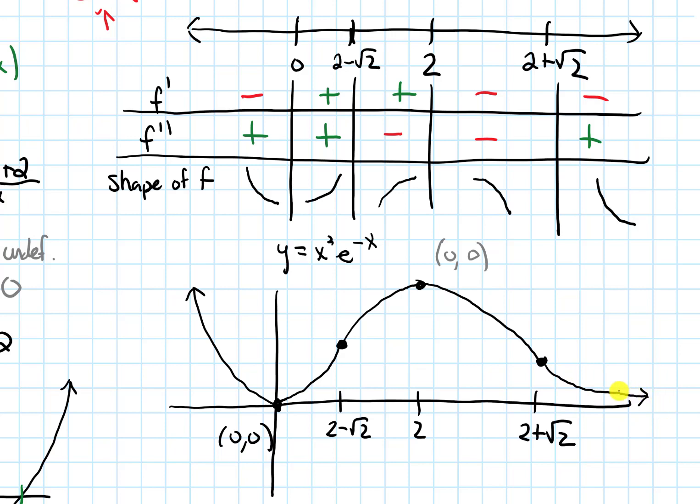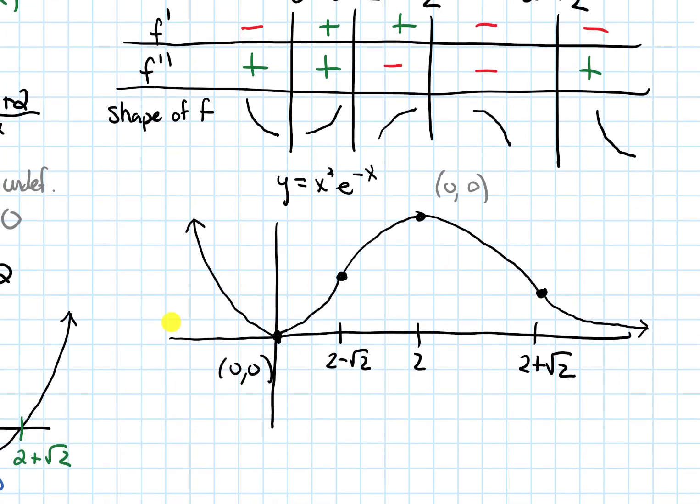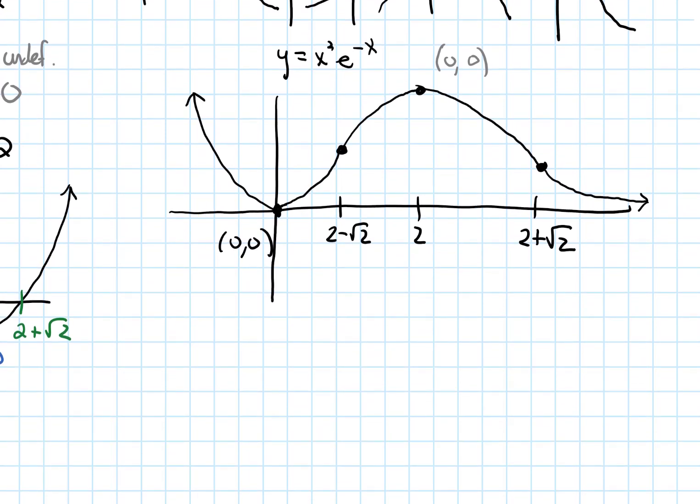It turns out it has a horizontal asymptote here at 0. We technically don't know how to show that yet, but let me just give you a little preview. We already said that it goes through this point 0, 0. If we're really rigorous with this, it turns out the only x-intercept of this graph is 0, 0. The only y-intercept is also 0, 0.